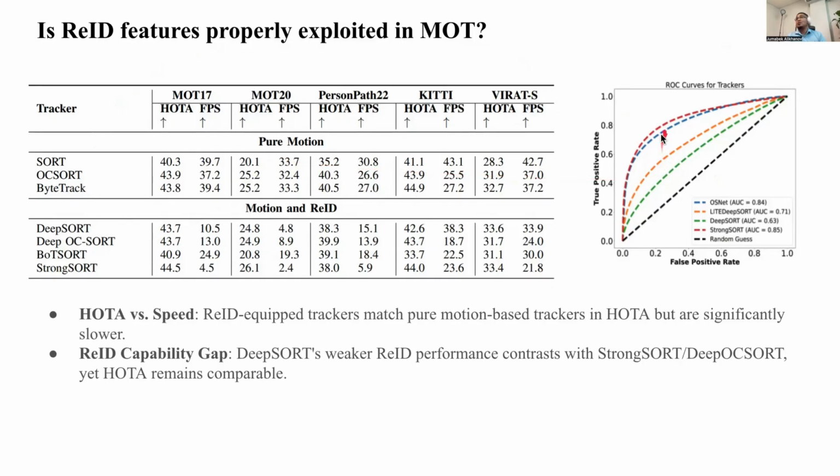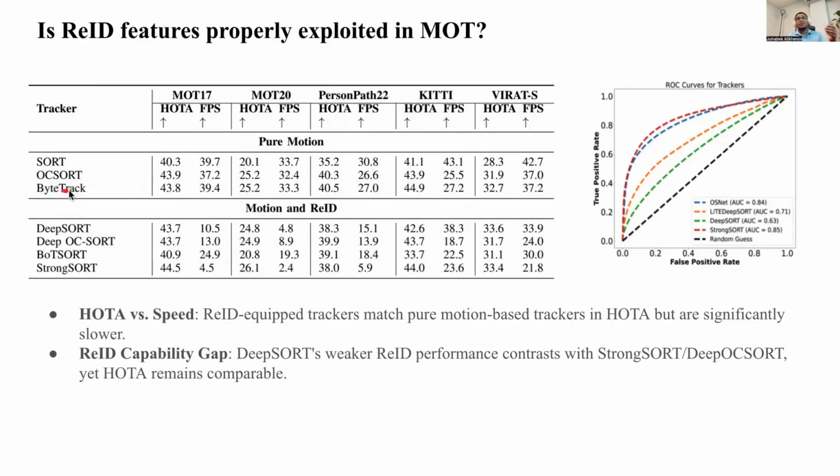However, as we saw, the ReID components are really helping; they help us distinguish the positive and negative pairs. In this case, why are they not showing up here in the final score, right? By the way, this is true with all the previous literature. I'm not the only one showing that motion with ReID is almost the same as pure motion.